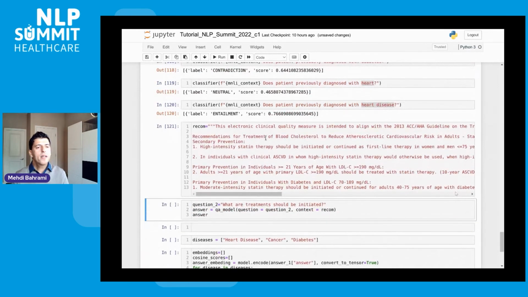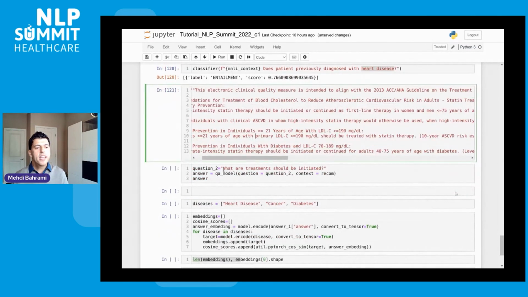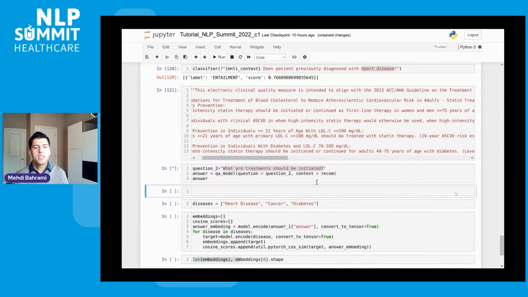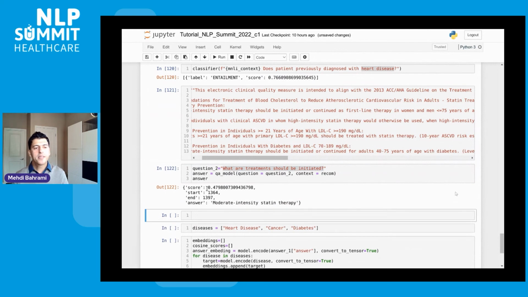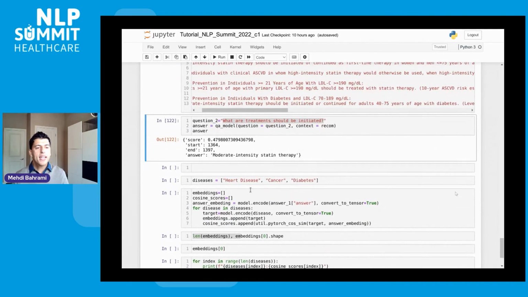Now let's review another example. Let's say we have the text, and we're going to ask what treatments should be initiated in this text. We can process this EHR sample record, and it returns the answers. Again, we are doing all this question answering without any specific fine-tuning on specific domains.